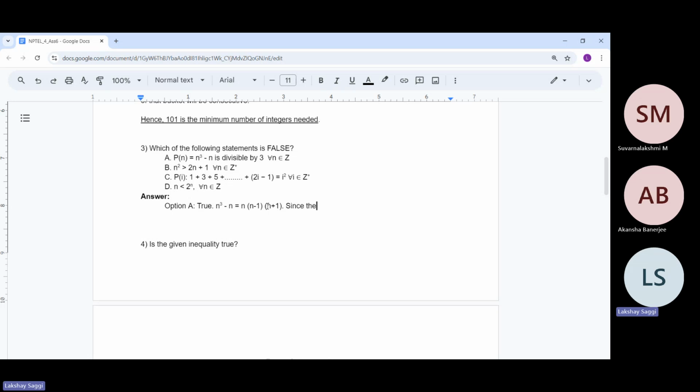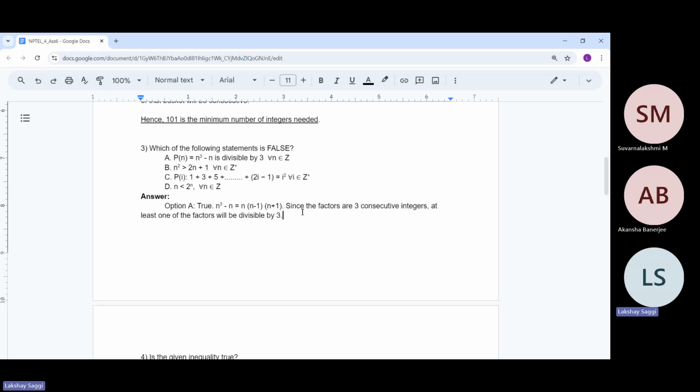Since the factors are three consecutive integers, at least one of the factors will be divisible by 3.